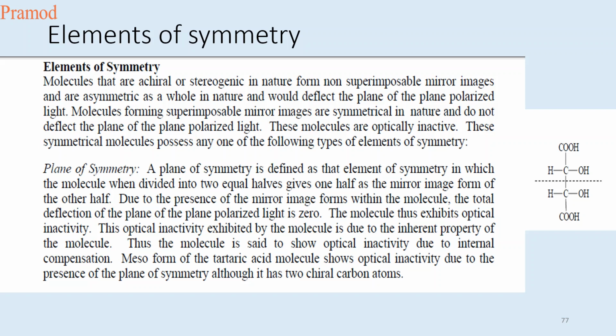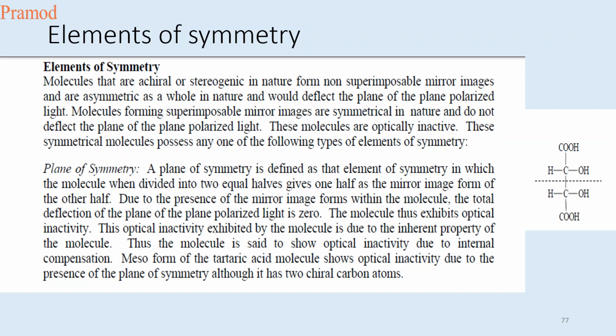So if you see tartaric acid over here, your first carbon contains COOH, OH and H. OH is on the right, H on the left. You look at the second stereogenic center. It also contains COOH, OH and H. OH is on the right, H is on the left. So if you try to draw a line in between the two, this compound contains an inherent internal property, that is, they are mirror images of each other.